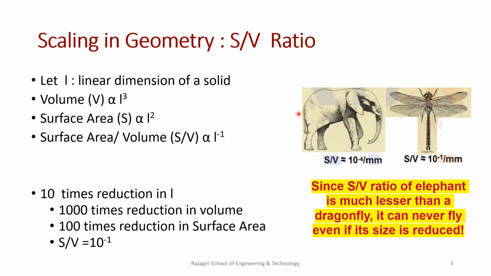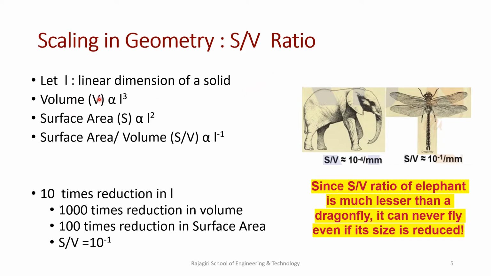The surface area to volume ratio of a solid is commonly known as the S by V ratio. Now, let us understand the effect of scaling in geometry on the S by V ratio for a solid. For example, we will take a solid of rectangular geometry.